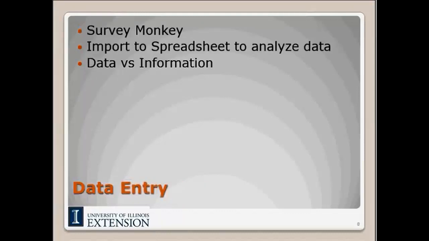Once the data has been collected, we will be entering all of the data into SurveyMonkey, which is a really interesting tool that we can use to analyze the data, download it into a spreadsheet, run all sorts of statistical analysis on it, and turn it into a better type of information that can be used in the report.